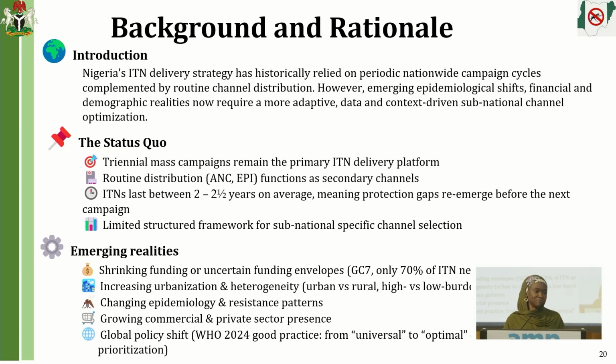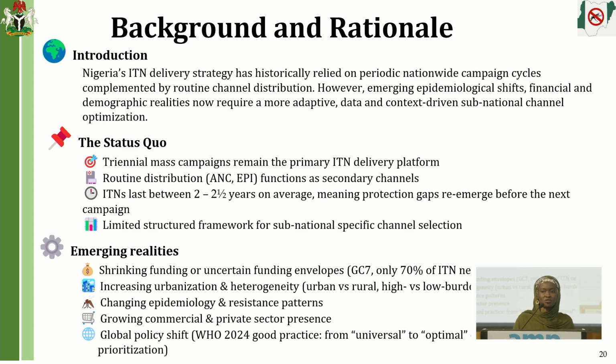So, the background in Nigeria is historically we have relied on mass campaign every 3 years as our primary channel of getting ITNs into the household. This is complemented by routine distribution to ANC and EPI as a secondary complementary channel of distribution.